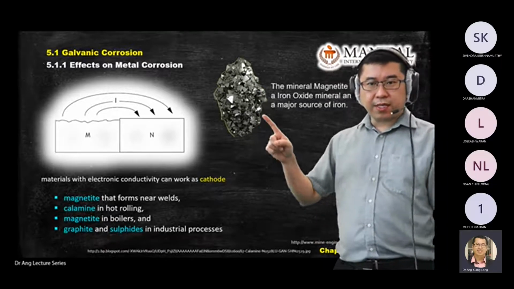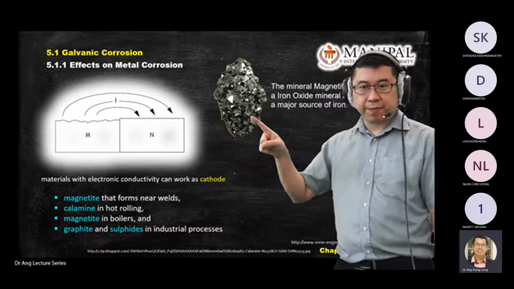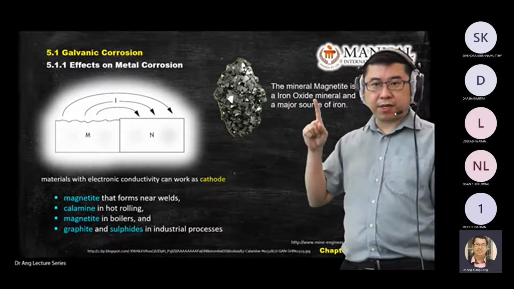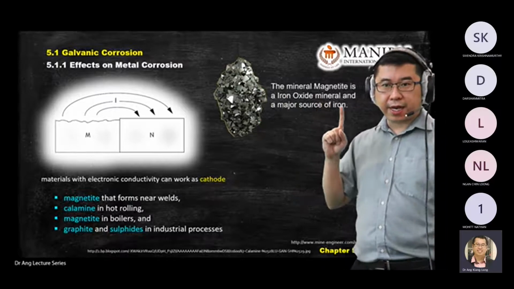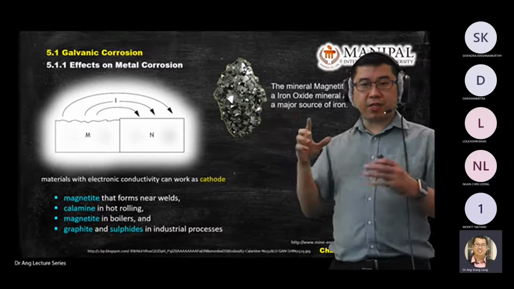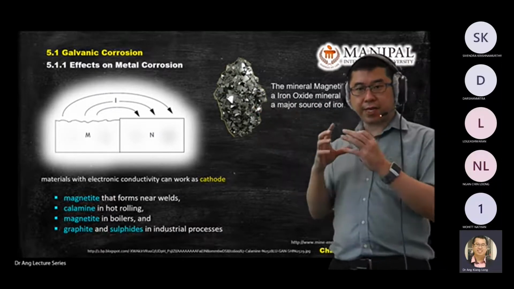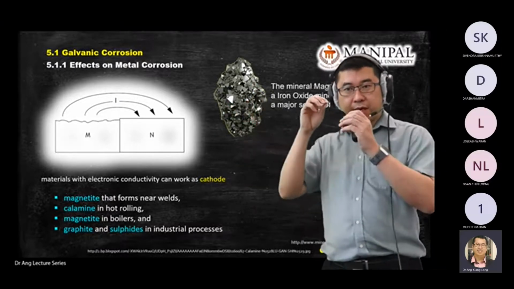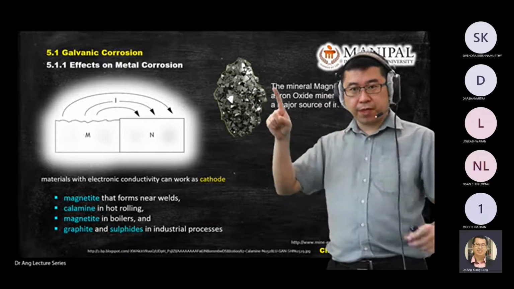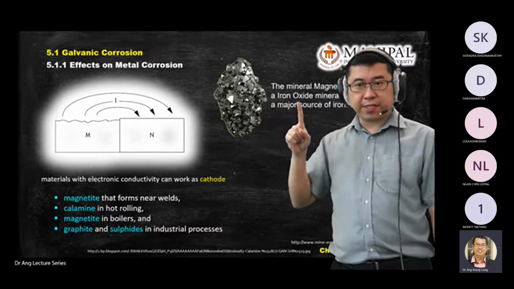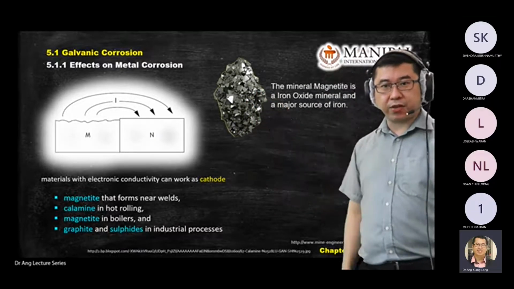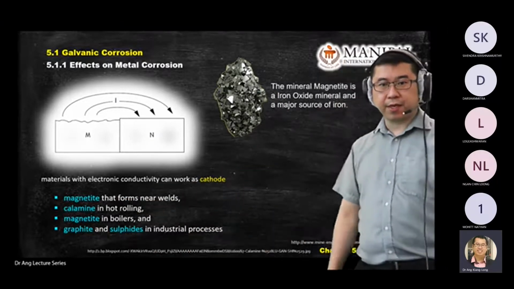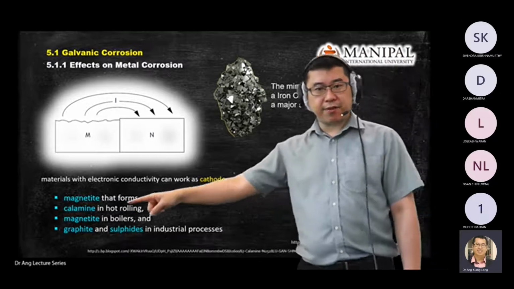Inside this magnetite you have a high percentage of iron oxide. If you do characterization using a machine, you will observe a high percentage of iron inside.